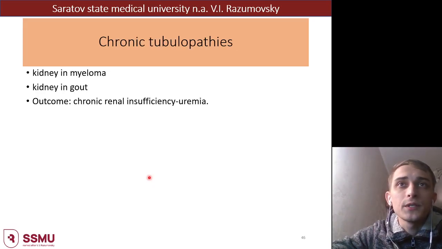Chronic tubulopathy is associated with two difficult diseases like myeloma and gout, and it will lead to chronic injury of epithelium of tubes and formation of chronic renal insufficiency, uremia. And in the terminal stage, we may see all manifestations of uremia in all internal organs.